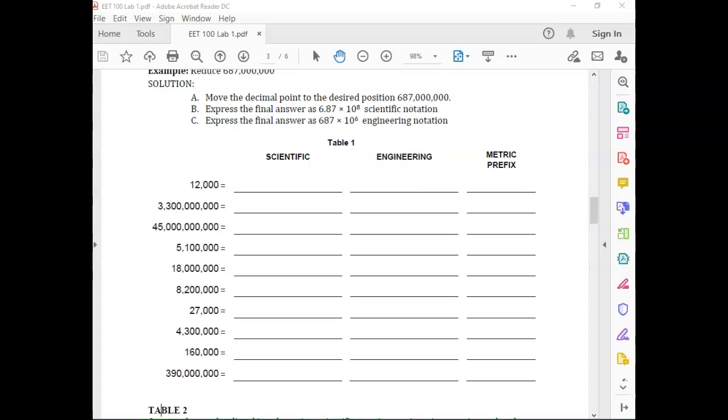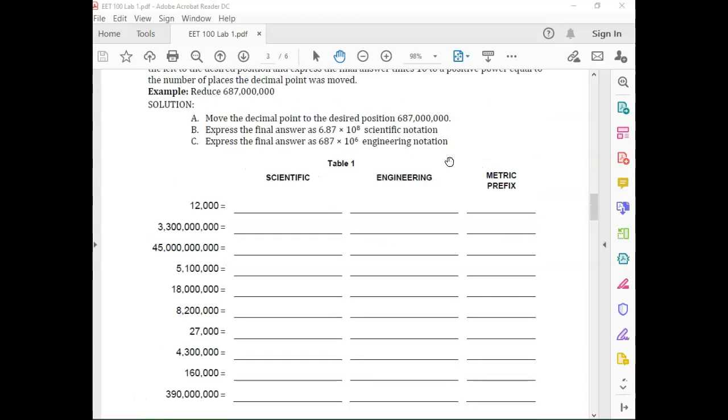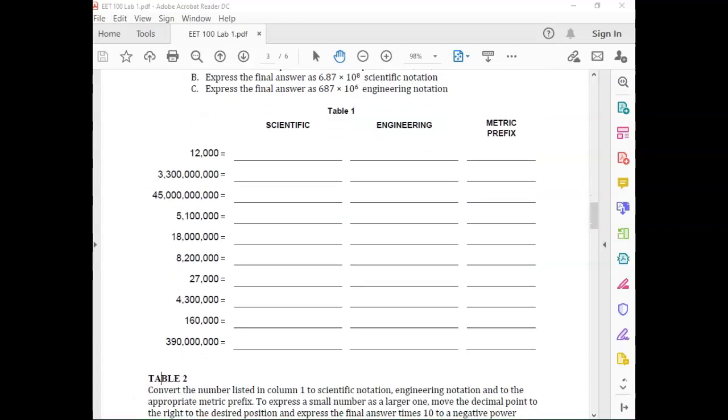We should have kilo, because kilo is times 10 to the positive 3. Does that all make sense, guys? Yes, ma'am.